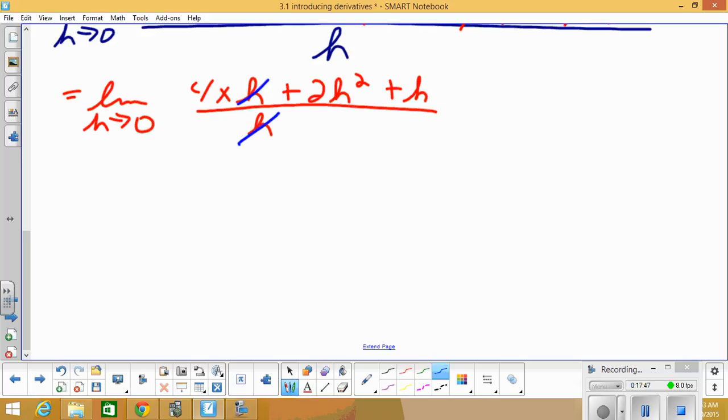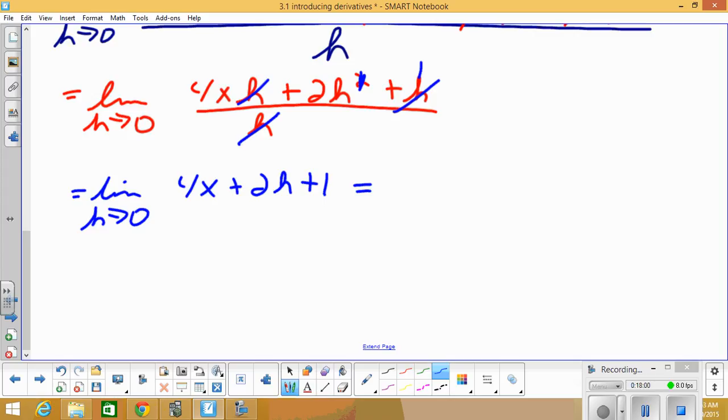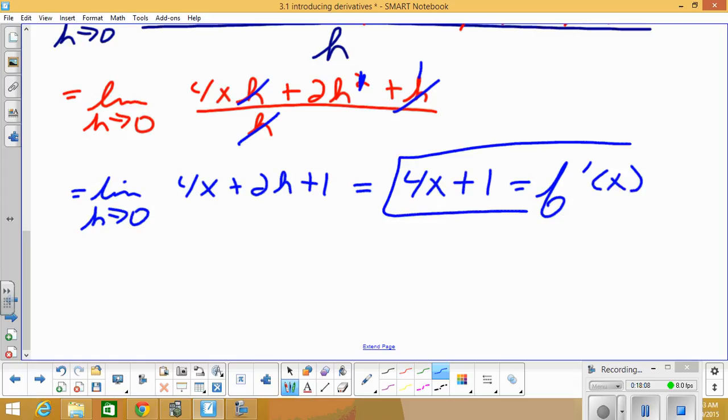It reduces that one of those, and this becomes a 1. So now I'm left with the limit as h approaches 0 of 4x plus 2h plus 1. Do my direct substitution, and this is my f prime, my derivative of f.